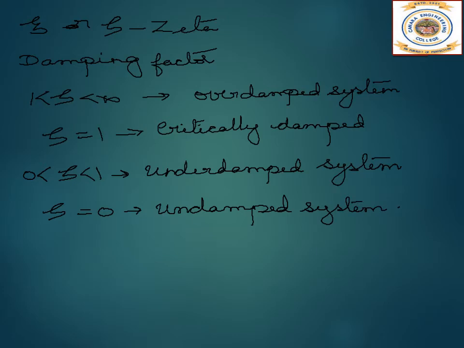So let us see one by one what is the response of a second order system for different values of zeta. First I will consider the underdamped system. Let us consider the underdamped response, where zeta ranges between 0 to 1.